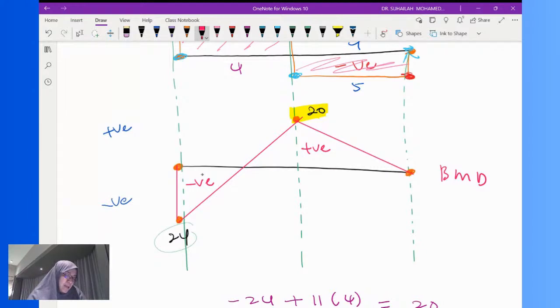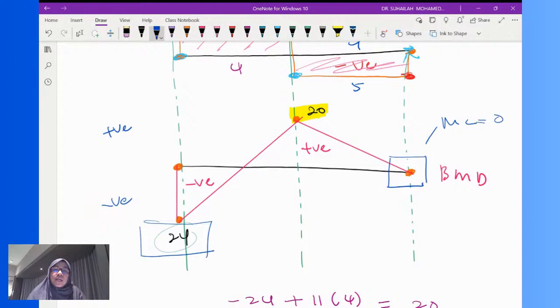At A, the moment value is negative 24 because of the fixed support. At C, the moment MC is 0 because it is a roller support.